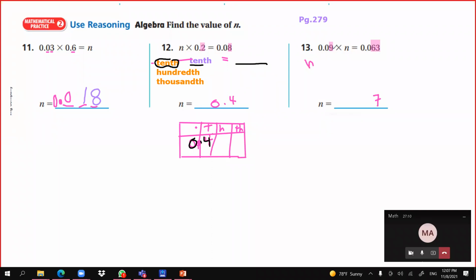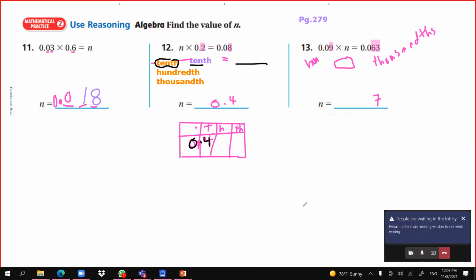What about the answer here? 0.063. Where is it? Thousandths. Bravo. So, what was the value of n? What is here? I mean like hundredths. When I multiply it by what, I get thousandths?